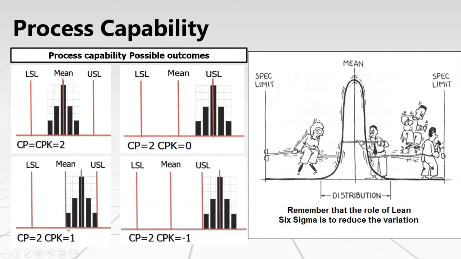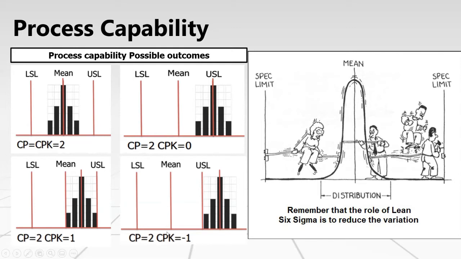Because the CPK, as we highlighted, measures the central position of the data distribution with respect to the specification limit. So as you can see, the data distribution is just touching the specification limit between the upper specification and the mean, and that's why the CPK equals 1.